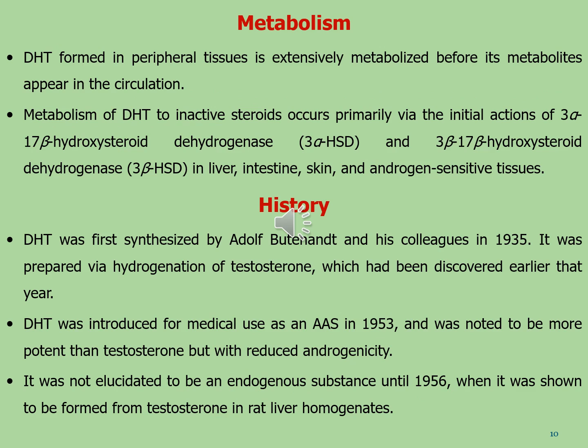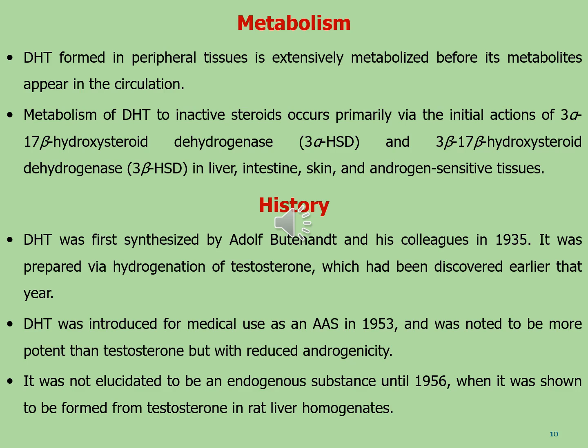DHT formed in peripheral tissues is extensively metabolized before its metabolites appear in the circulation. Metabolism of dihydrotestosterone to inactive steroids occurs primarily via the initial actions of 3-alpha 17-beta hydroxysteroid dehydrogenase, that is 3-alpha HSD, and 3-beta 17-beta hydroxysteroid dehydrogenase, that is 3-beta HSD, in liver, intestine, skin, and androgen-sensitive tissues.